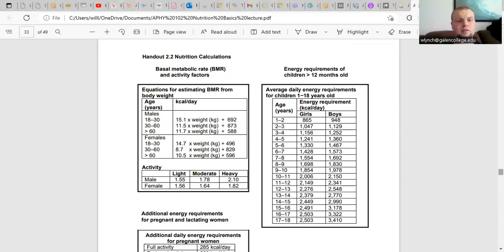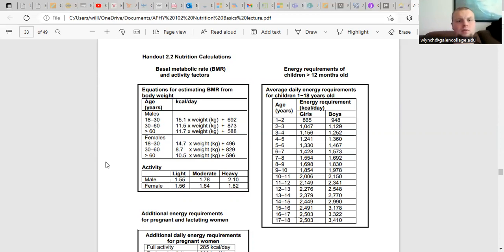So for instance, for males between 18 and 30 years old, we're going to take 15 kilocalories per day and multiply that by the weight in kilograms and add 692 to that. Conversely, for females, we're slightly less, right? 14.7 kilocalories per day times weight in kilograms plus 496.